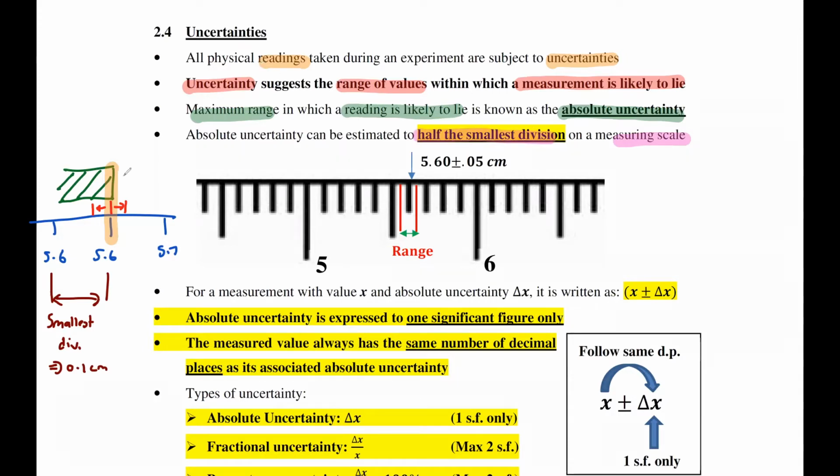In our example here, we can be very sure that the edge of the object will not exceed half the smallest division above or below 5.6. In our case here, the absolute uncertainty is plus minus 0.05 centimeter, as indicated in our figure here.